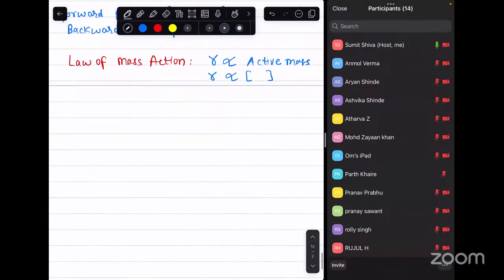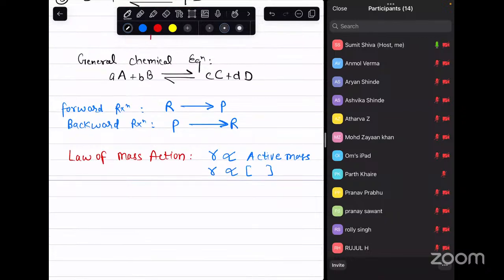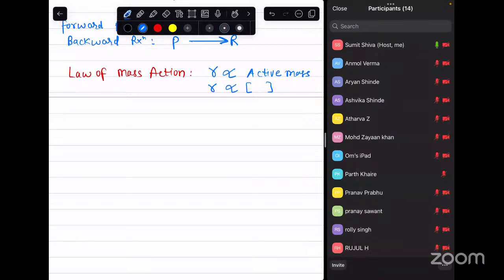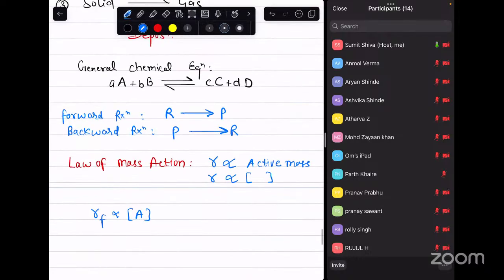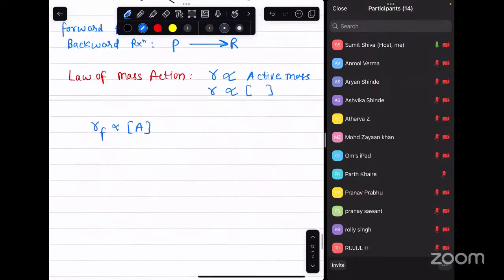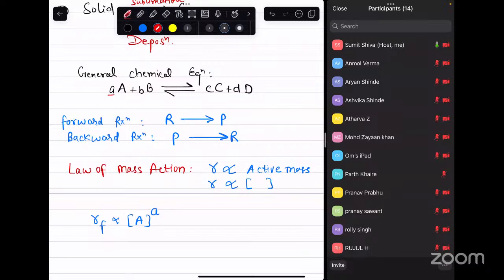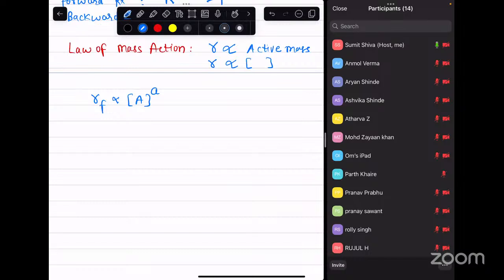So in the above equation, we have aA plus bB gives cC plus dD. If I want to write the rate of forward reaction Rf, it will be directly proportional to the concentration of A raised to power a. The stoichiometric coefficients come into the power. Rate of reaction is directly proportional to the concentration of A raised to power a and the concentration of B raised to power b.